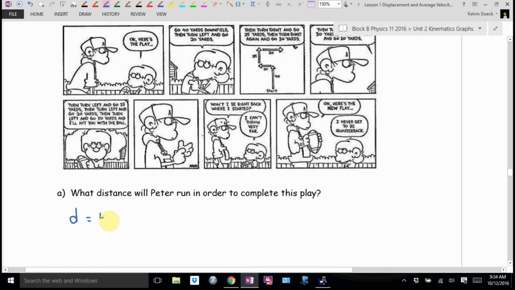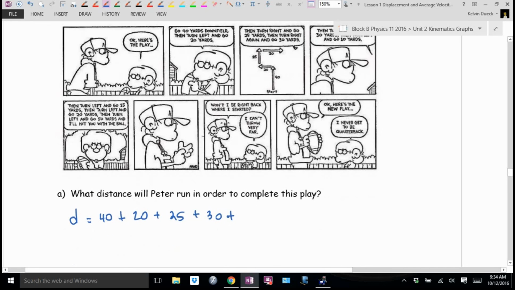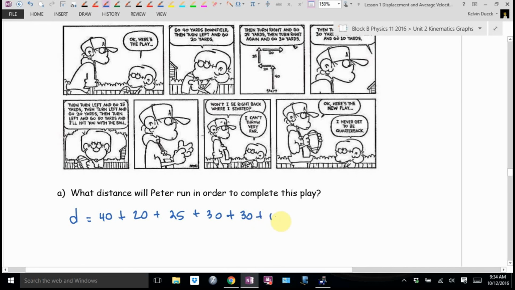Well, 40 yards downfield, plus 20 yards, plus 25 yards, plus 30 yards, plus, I'm going to the next frame, 30 yards plus 10 yards plus 15 plus 20 plus 50.